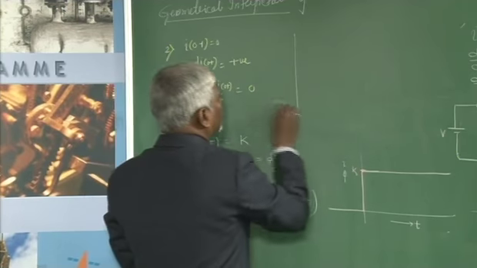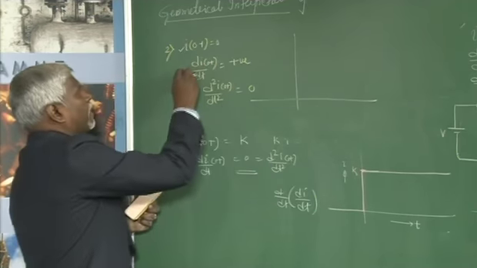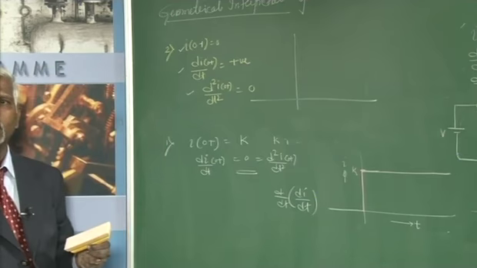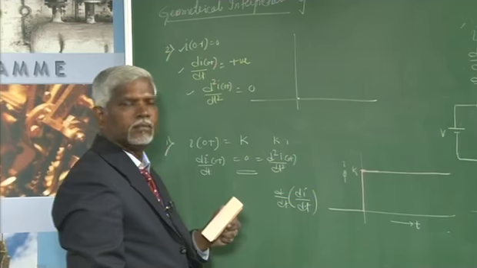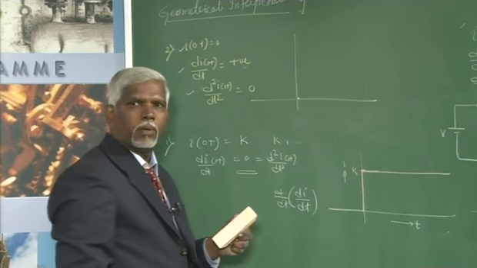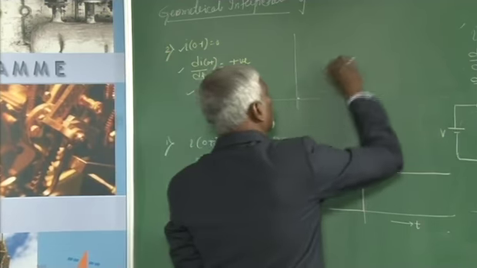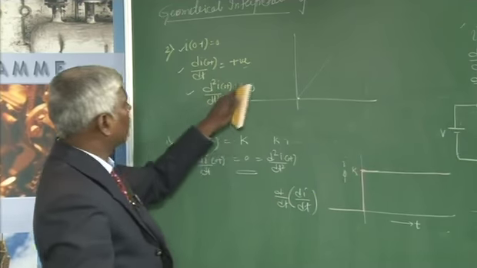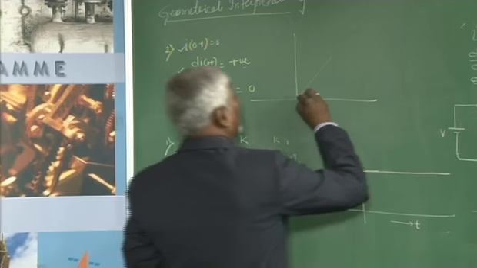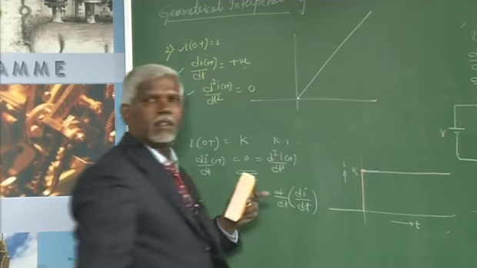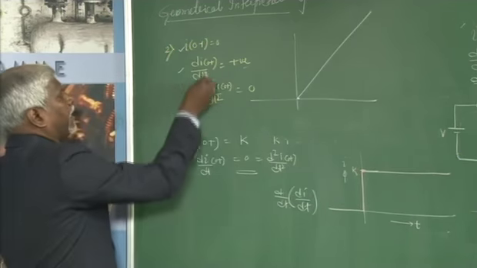If I want to plot this with time, it gives information about the behavior of the circuit elements. It starts at 0, it has a positive slope, and the rate of change of slope is 0, the slope does not change. So, it is a ramp. These three indicate that it is a ramp.